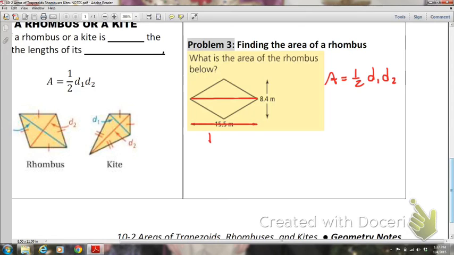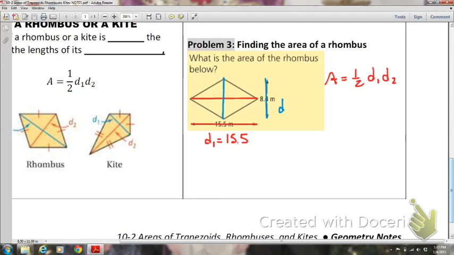So diagonal 1 is 15.5 meters, and then the second measurement they give you, this diagonal, is the same as this measurement on the outside.